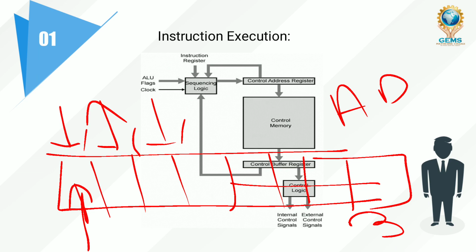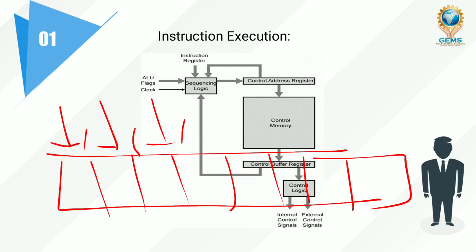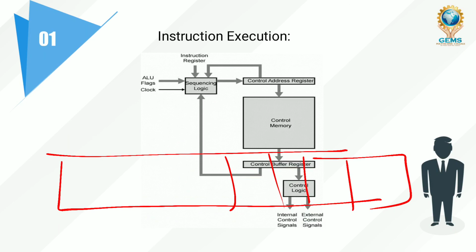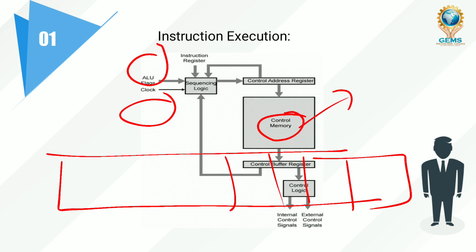Just look at here how instructions are executing. So this is the ALU, arithmetic logic unit, and the clock, the number of cycles that will be there within the time period, and this is the control memory, nothing but the storage of the micro instructions and micro operations.